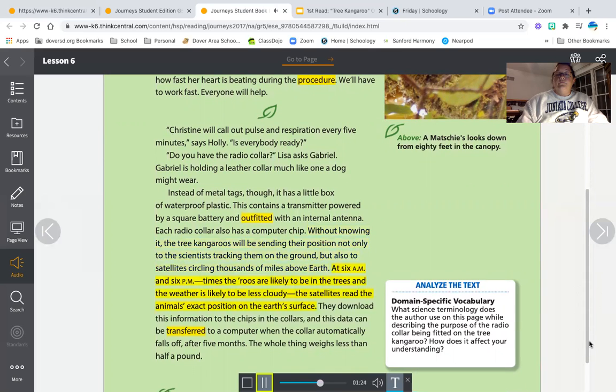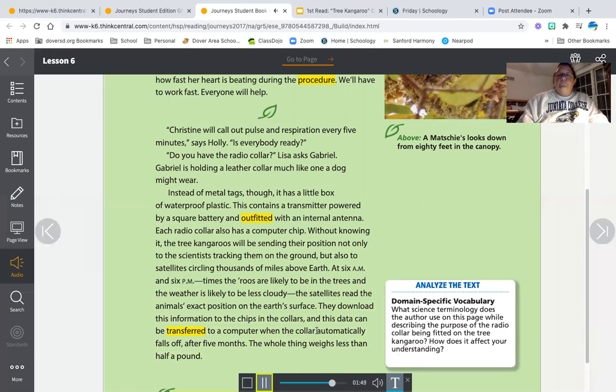At 6 a.m. and 6 p.m., times the roos are likely to be in the trees and the weather is likely to be less cloudy, the satellites read the animal's exact position on the Earth's surface. They download this information to the chips in the collars, and this data can be transferred to a computer when the collar automatically falls off after 5 months. The whole thing weighs less than half a pound.